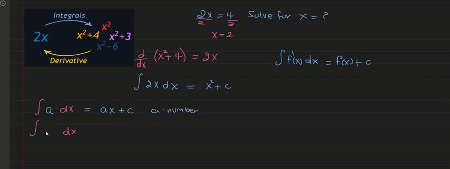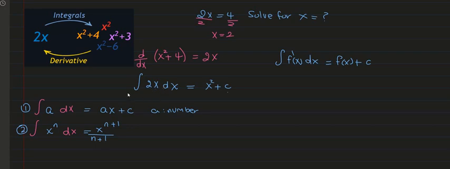And then if we have any power of x, x to the power of n, this will be equal to x to the power of n plus 1 divided by n plus 1, such that n is any number as well. So based on these two rules, we were able to solve that one.